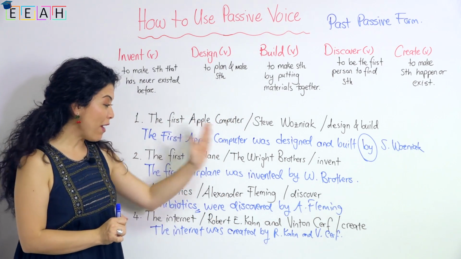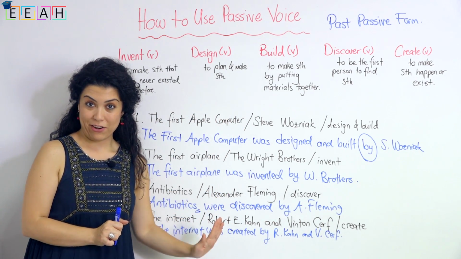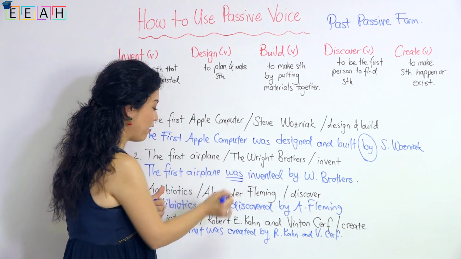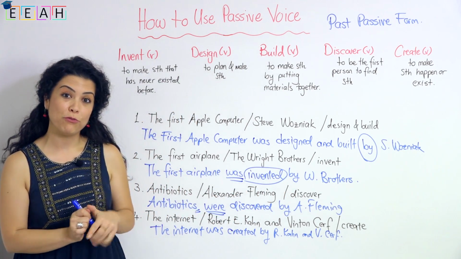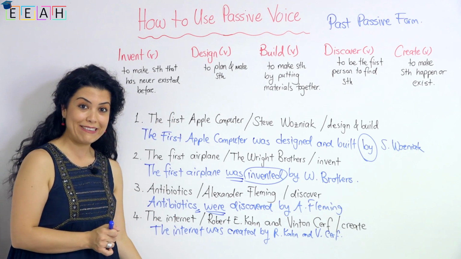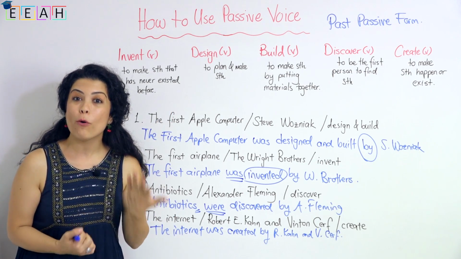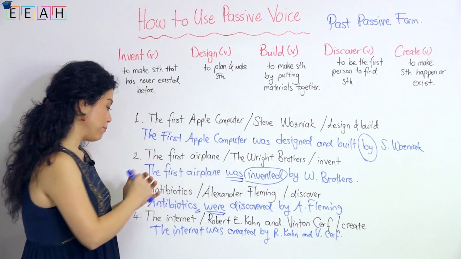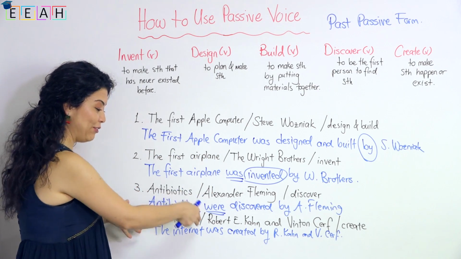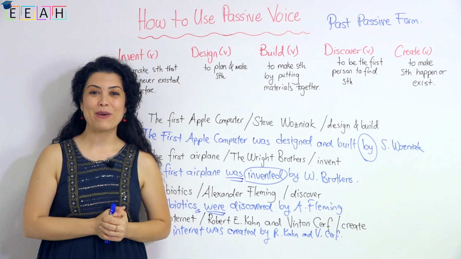Okay, so we practiced past passive form here. We used was or were, and we didn't forget the past participle form of the verb. All our sentences started with the object, yes? The first Apple computer, the first airplane, antibiotics, the internet. Good job, everybody.